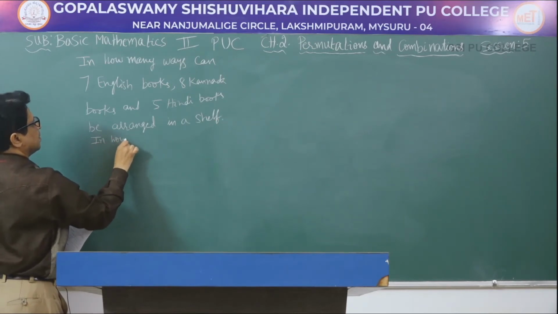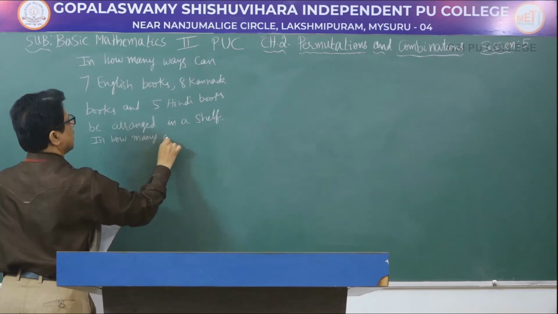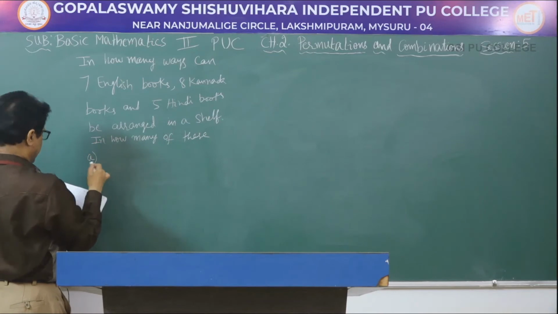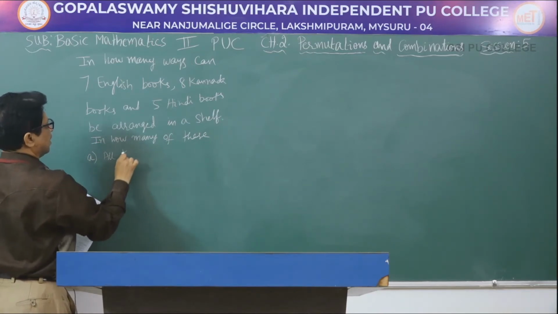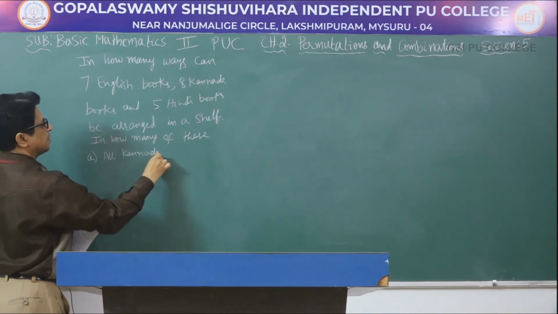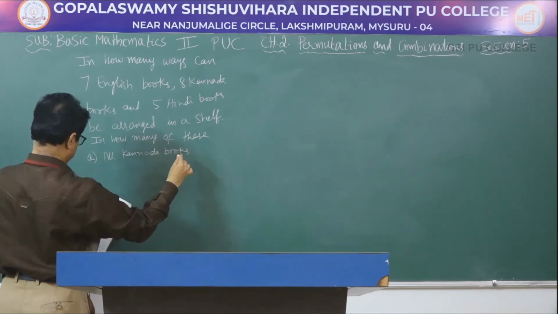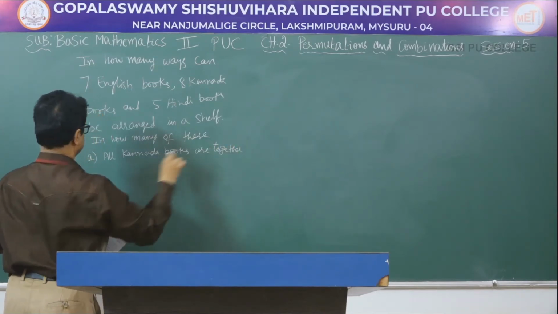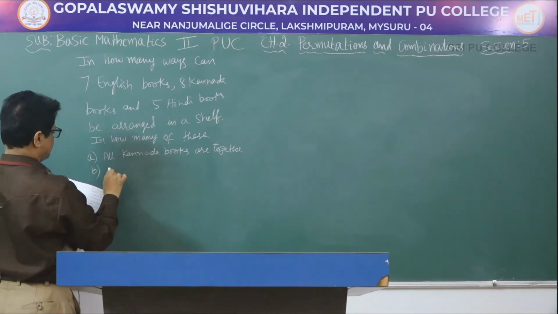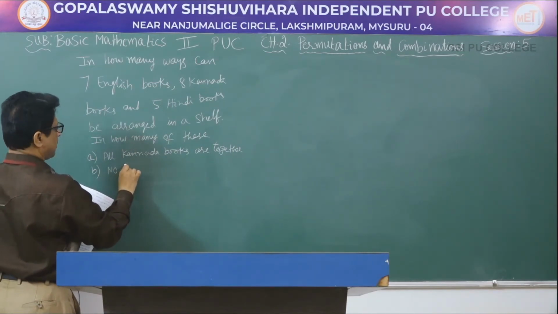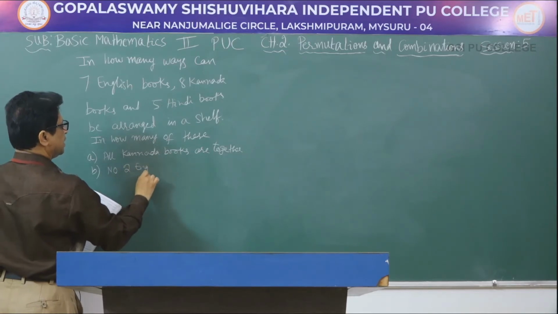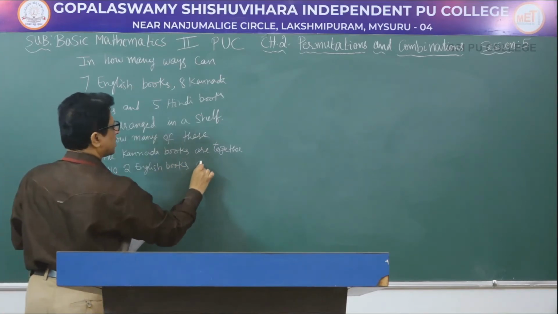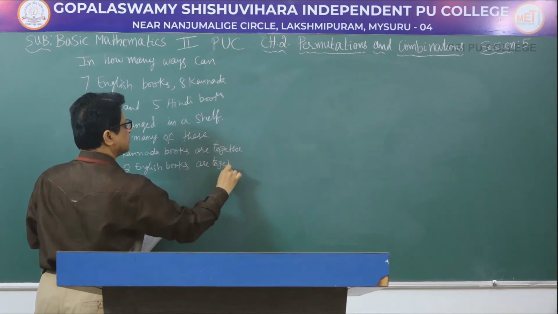In how many of these: A. All Kannada books are together. B. No two English books are together.